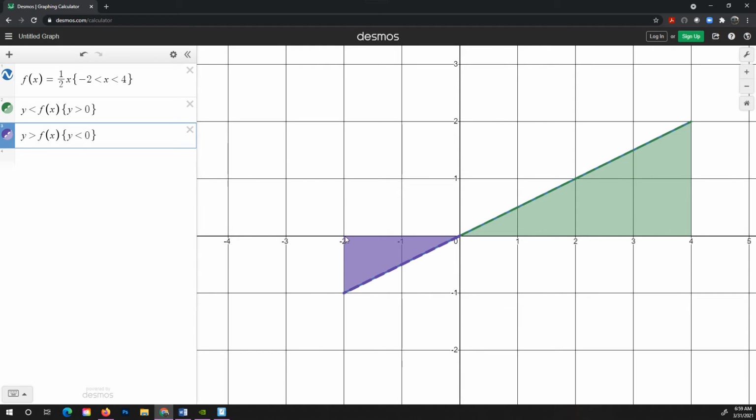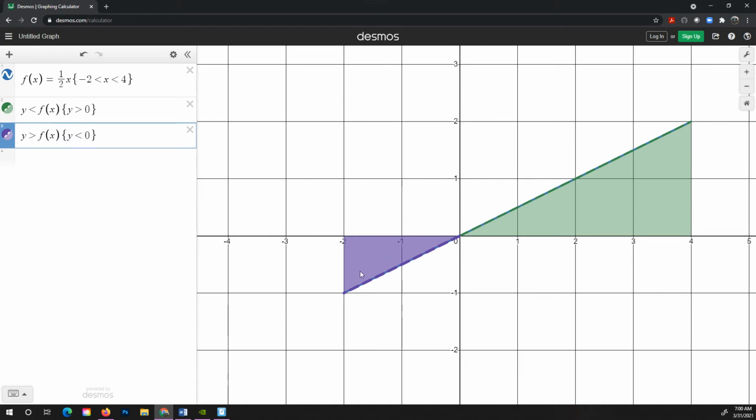If we look, I have 2 long and 1 high, so 2 times 1 is 2 times a half would be 1. I have a width here of 4 and a height here of 2. 4 times 2 is 8, times a half is 4. 1 and 4 should be 5, but we just calculated that to be 3. Now here's the issue.